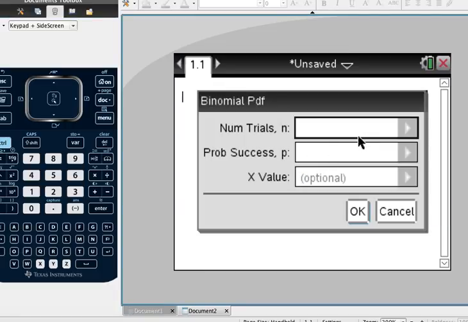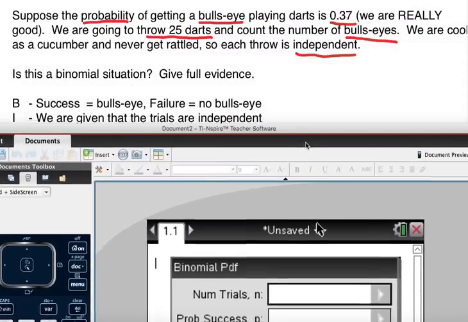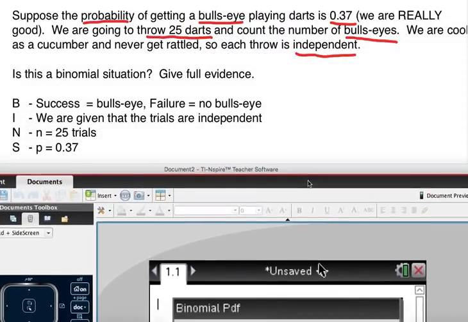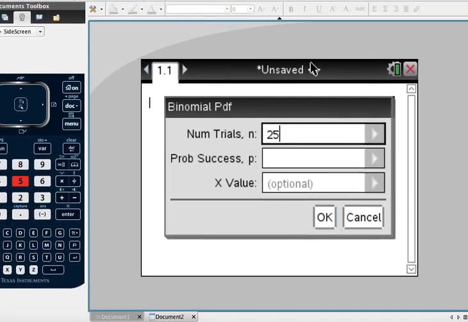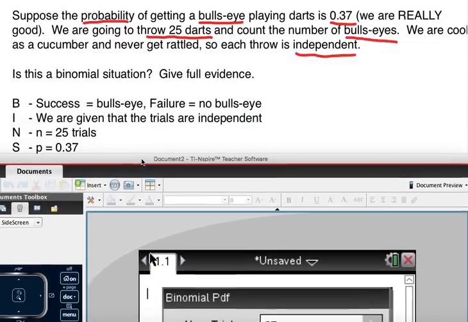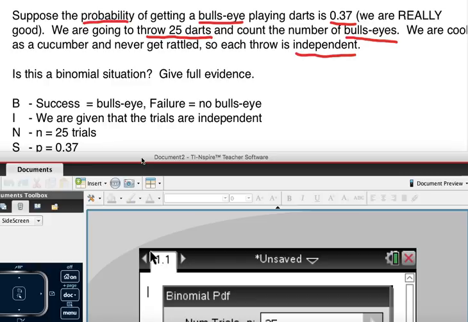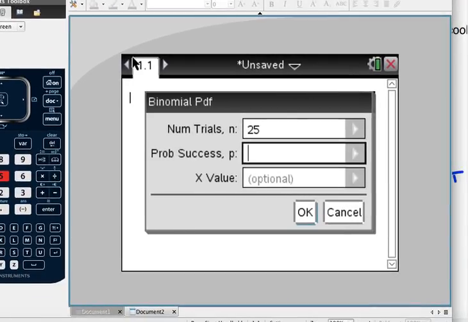Okay, so the number of trials, how many times were we throwing the darts? The number of trials was 25. So you're going to put a 25 in there. The probability of success, remember that was 0.37. The probability of getting a bullseye was 0.37.